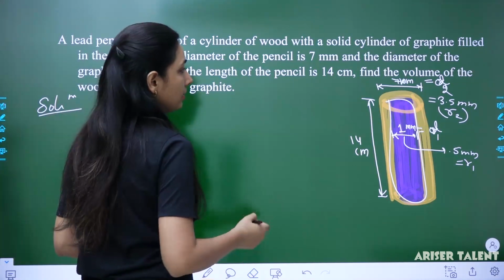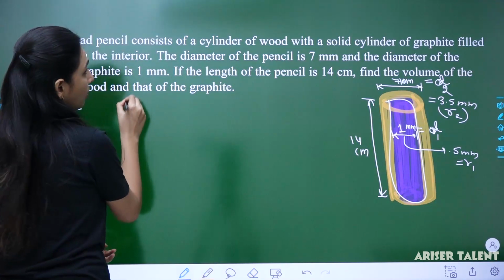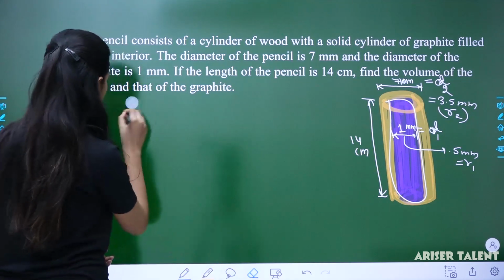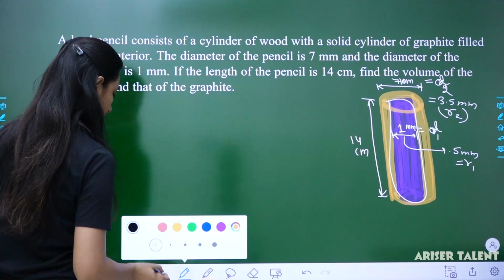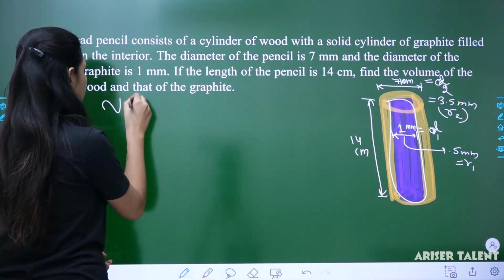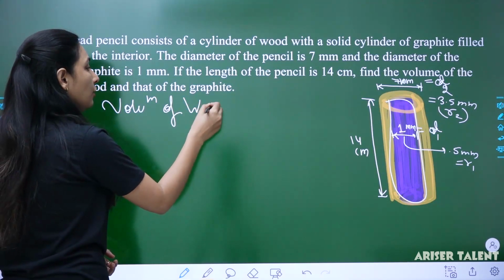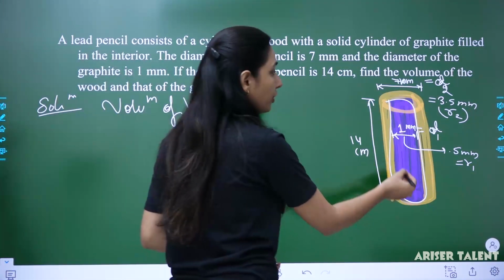Now we are having the volume of wood. If you look carefully, the volume of wood is what?